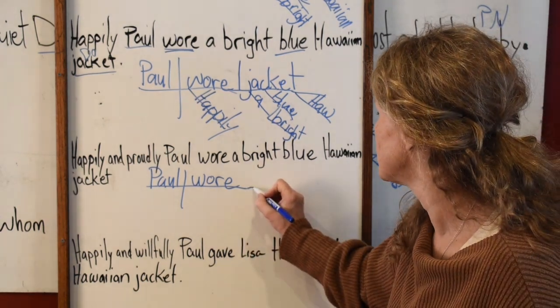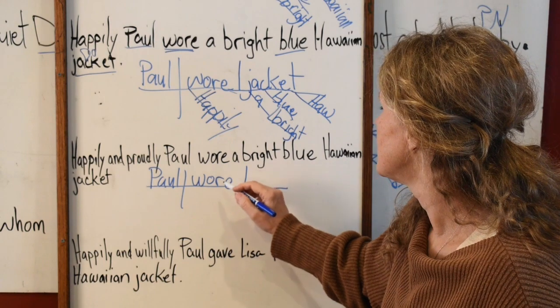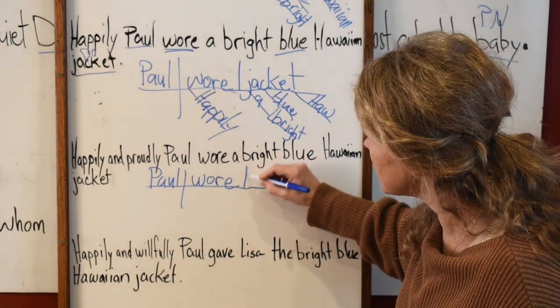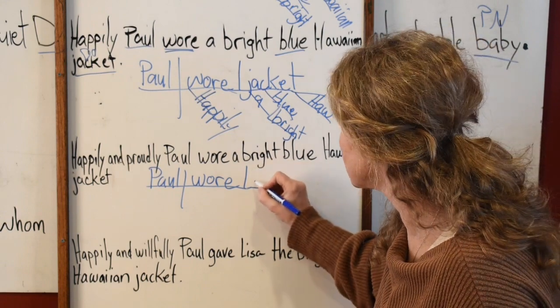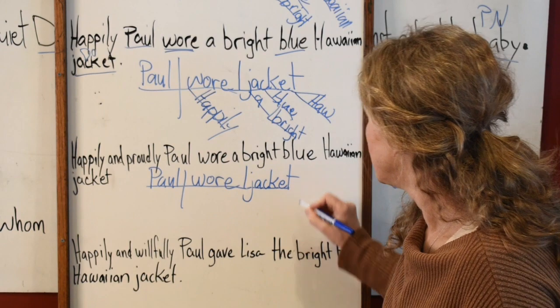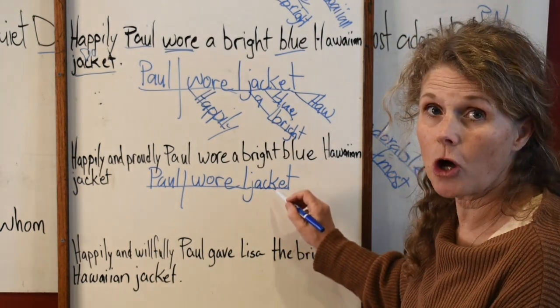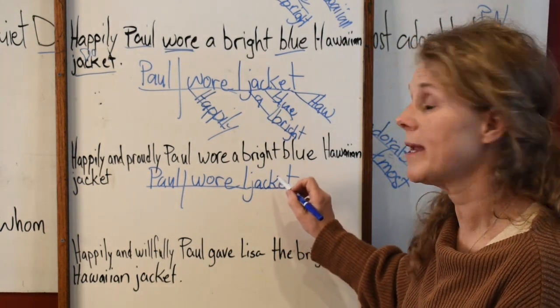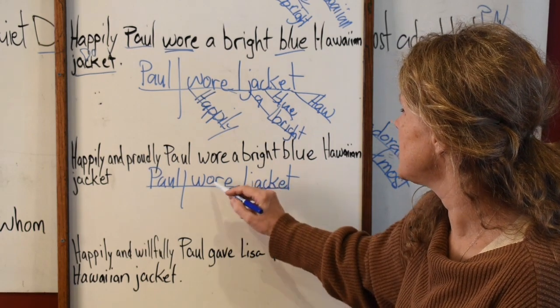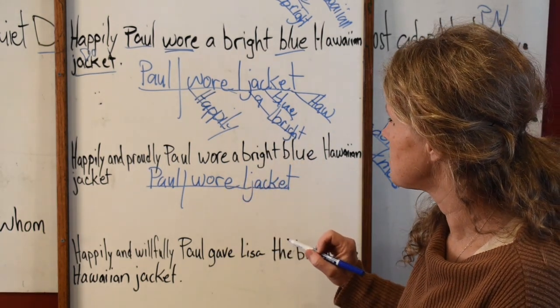What is it? Jacket. The jacket is being worn. Now this line is saying that this is a direct object. This is an object position in the sentence right here. It's called a direct object, and it's receiving the action of the verb.